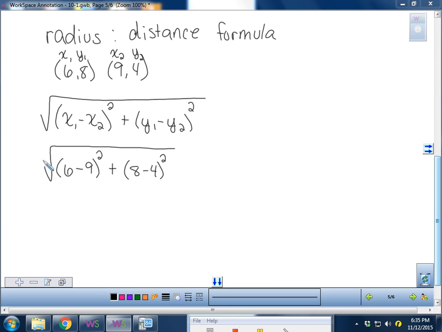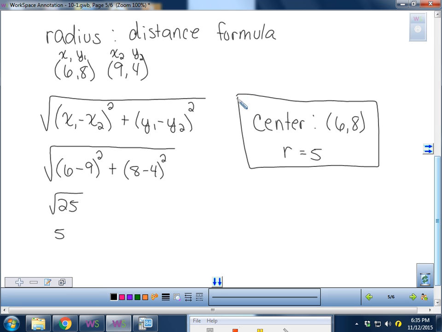All right, now if I do this underneath part, okay, you can plug that underneath. I get 25. And I know that the square root of 25 is 5. So my center was at 6, 8. And my radius was equal to 5.